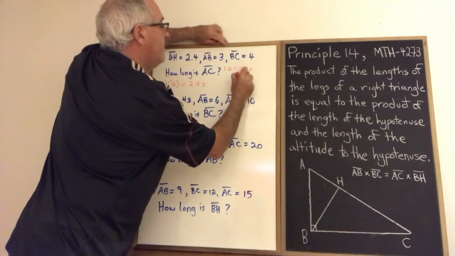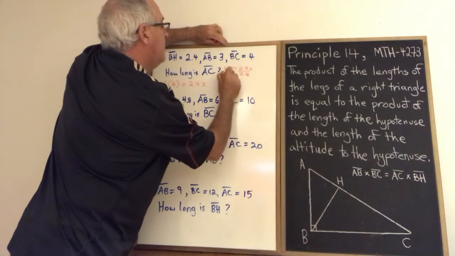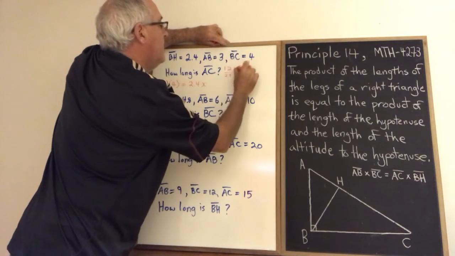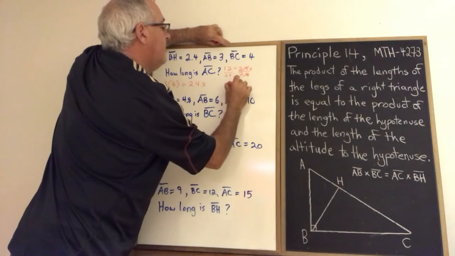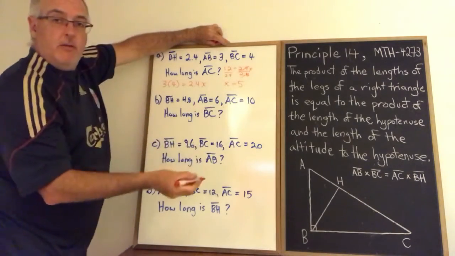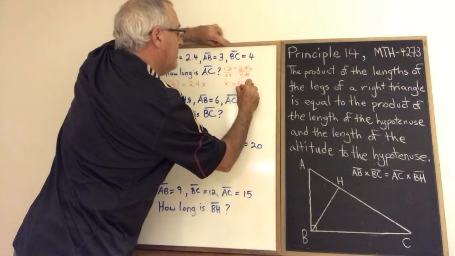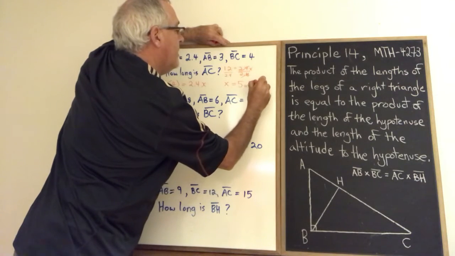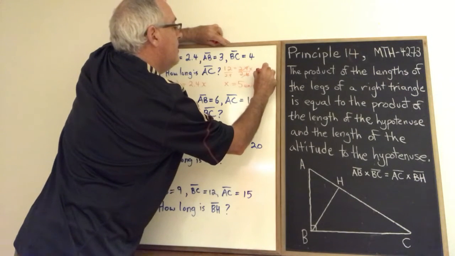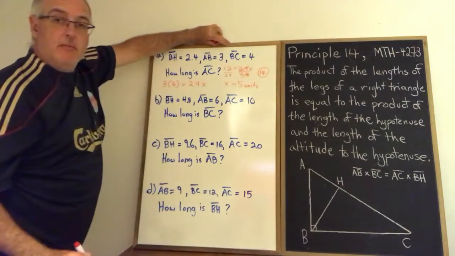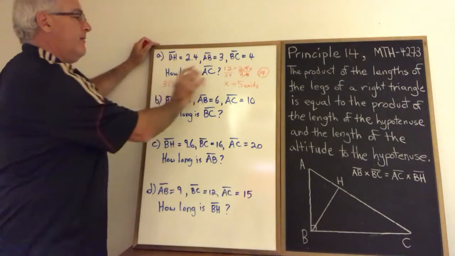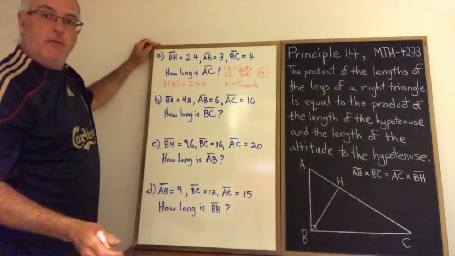And when we isolate our variable, x is equal to 5. No unit was given, so I use the word units as my unit. And I say I'm using Principle 14. So I have my answer, and I have justification for the answer.